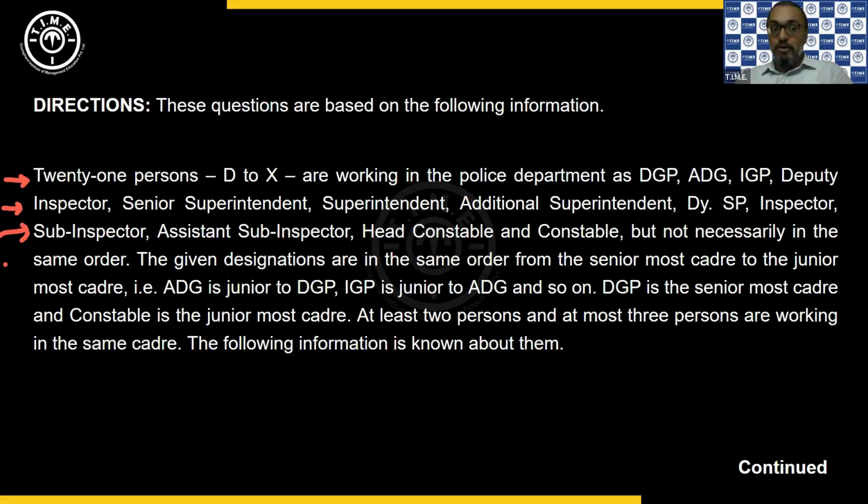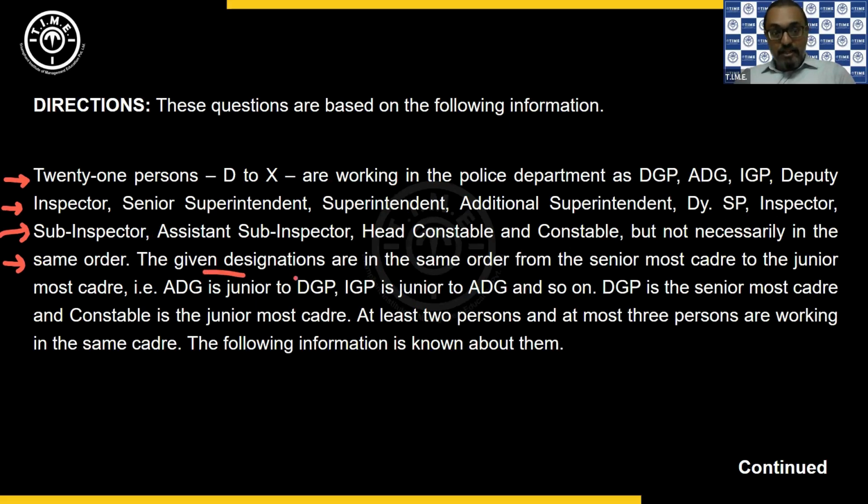Not necessarily in the same order. But do you have 21 designations here? No. There are only 13 designations if you count. There are 21 people, but only 13 designations given.